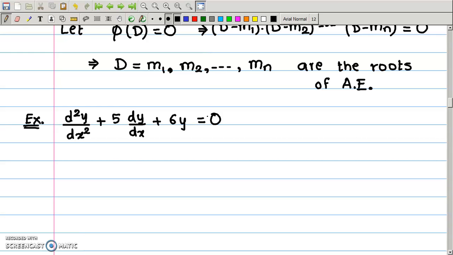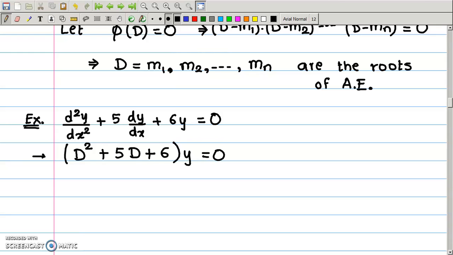We take a specific homogeneous differential equation where the right hand side of the equation is 0. So we can introduce the operator D, which represents differentiation with respect to x. Here the derivative is of order 2, plus 5 times the derivative of order 1, plus 6 into y equal to 0.